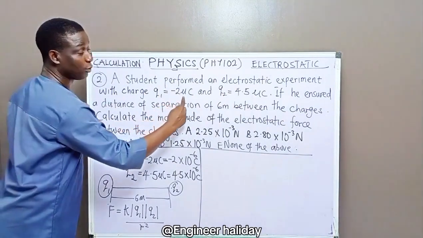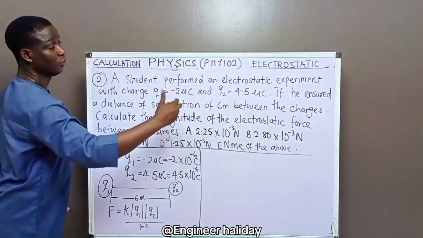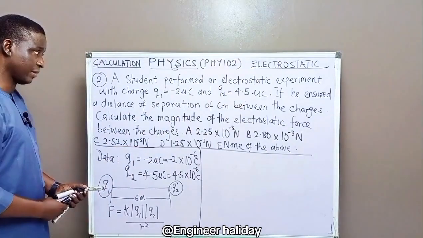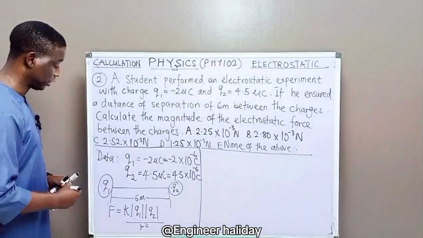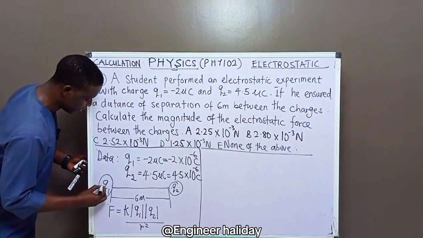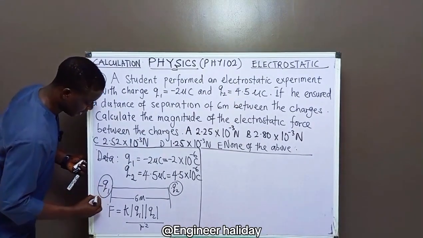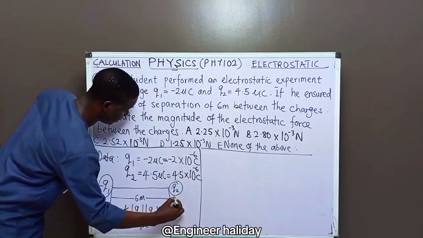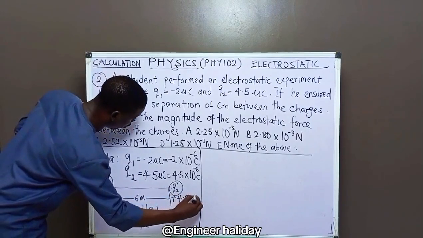But anytime you are working with two like charges, whether positive or negative, they will repel, that means go in opposite directions. So this one is negative, minus 2 microcoulombs, and this one is positive, plus 4.5 microcoulombs.